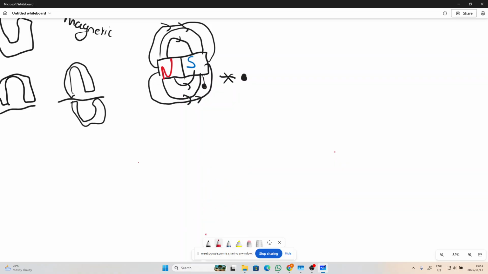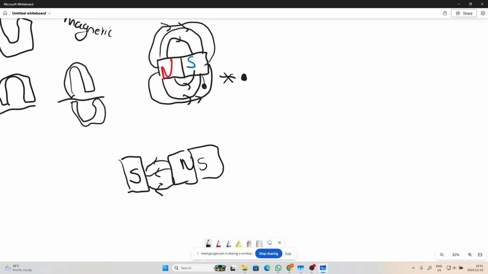Now we have to look at it with two magnets. Opposites attract and like poles repel. So when we look at this here, the field would go from north to south. Even though they're opposite ends of the magnet with their own north and south poles, let me draw it fully for you guys.